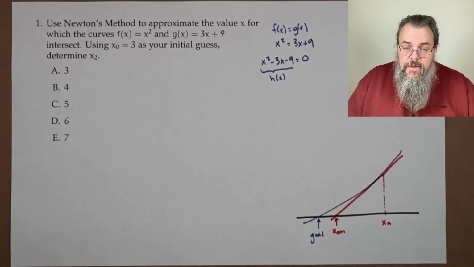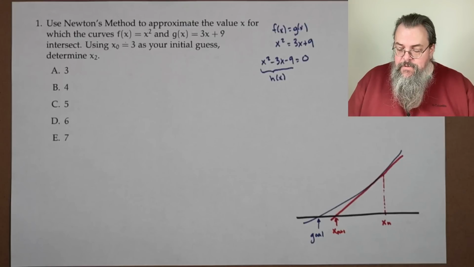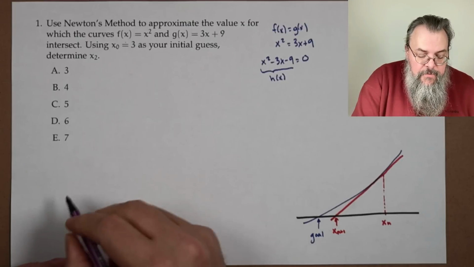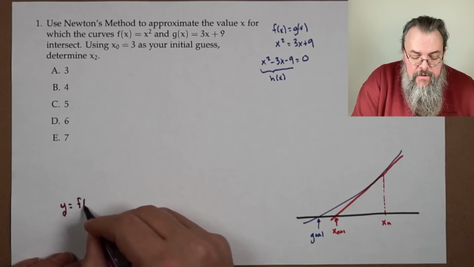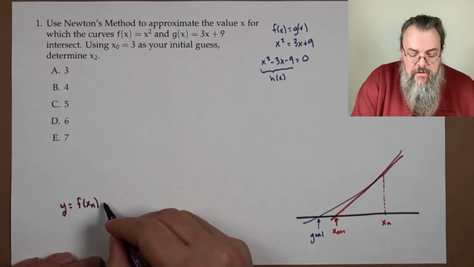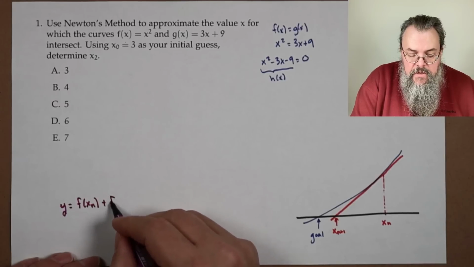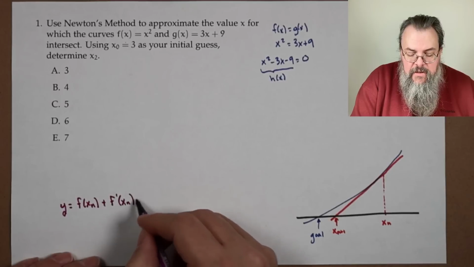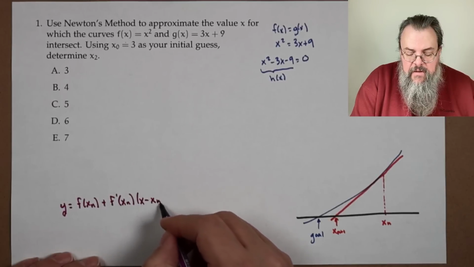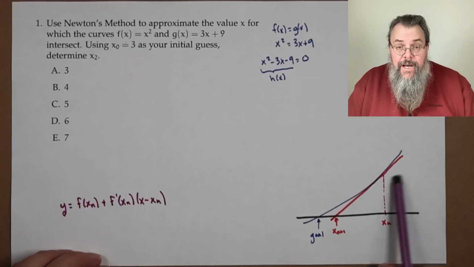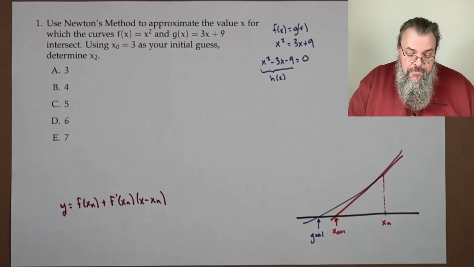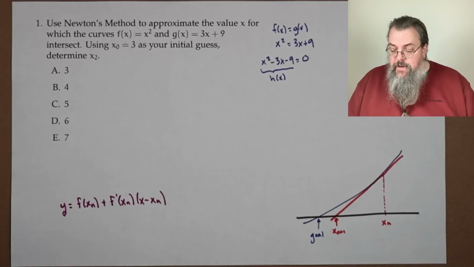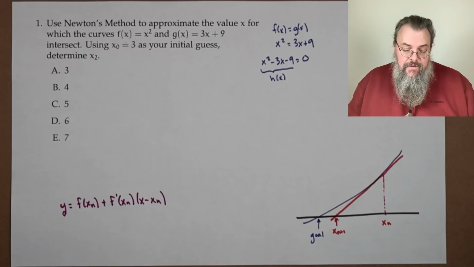So we say, all right, do we know that line? Well, yeah, it's the tangent line. So what do we do? We write down the formula for our tangent line. y is equal to the value of the function at our current guess plus the derivative of the function at our current guess times x minus xn. To follow it down means that we're going to have y be 0, and our x value becomes our next guess.